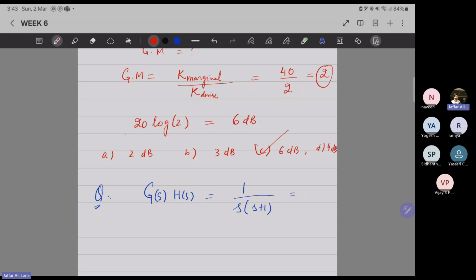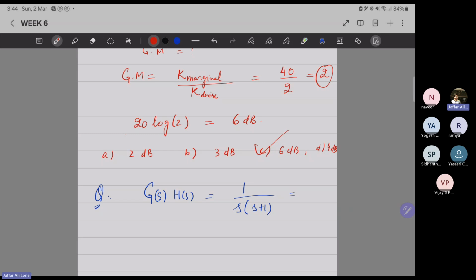Can you solve this question? What is the gain margin? So what is the order of this system? Second order.